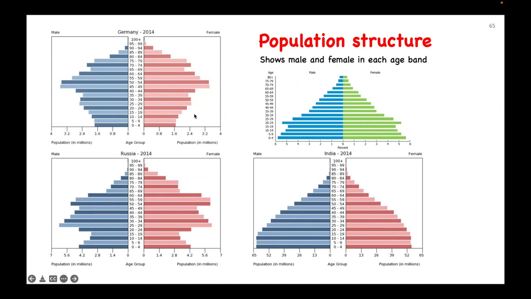Germany. What we can see is that you can put the numbers in various places. But in 2014, we can see this big boom, large numbers of people who were in 2014 in the late 40s through to late 50s, and then a really quite steep decline after that in the older population, and then steady declines in the numbers of younger people.